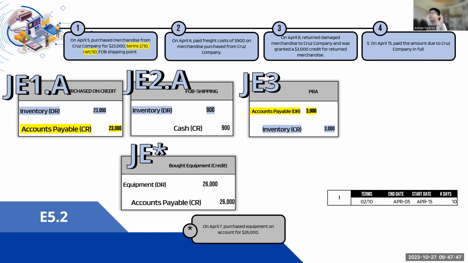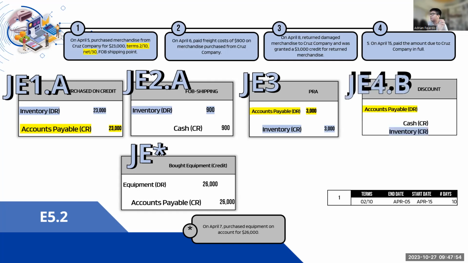So now, kailan ka nagbayad kung April 15 yung end date of the discount period? April 15. So, did you take the discount? Yes. So, alam ko na you took the discount. Therefore, alam ko na the journal entry is debit accounts payable, credit cash, credit inventory. The question is how much? For the accounts payable, you will be tempted to include the equipment kasi may accounts payable ka dyan.